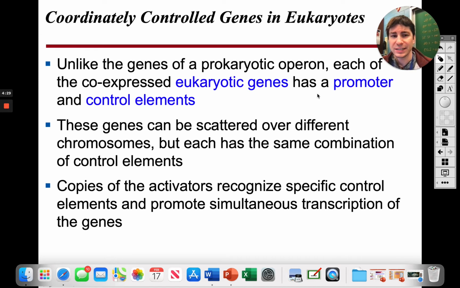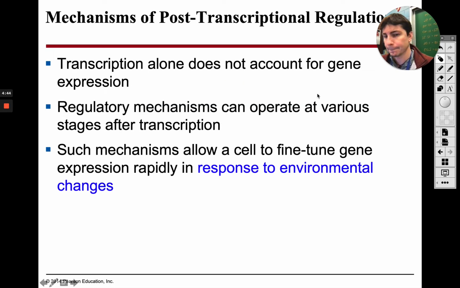For eukaryotes, each one of our genes has a promoter and control elements, and that's going to influence what genes are being expressed in this very big, long chain of DNA. So that's pretty much the end of transcription. There are some things that happen after transcription to still regulate our gene expression.